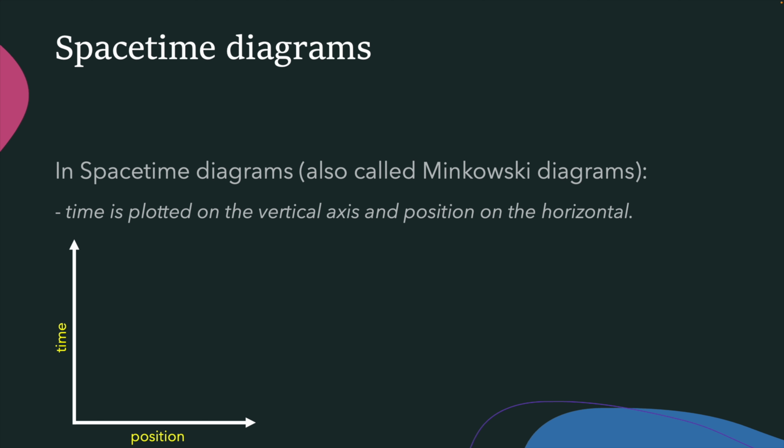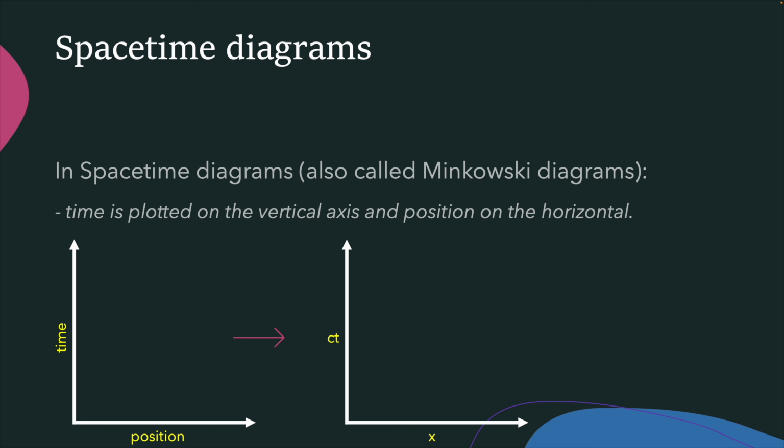Just for your information, there are a lot of space-time diagrams introduced by many scientists and physicists, but in this chapter, we're only focusing on Minkowski diagrams. In this diagram, we're going to plot time on the vertical axis, whereas position on the horizontal axis, which is quite opposite to what we have done under chapters A1, A2, and A3.